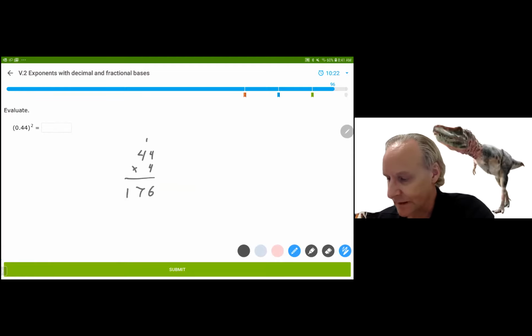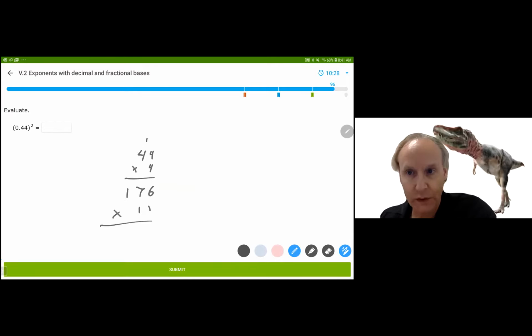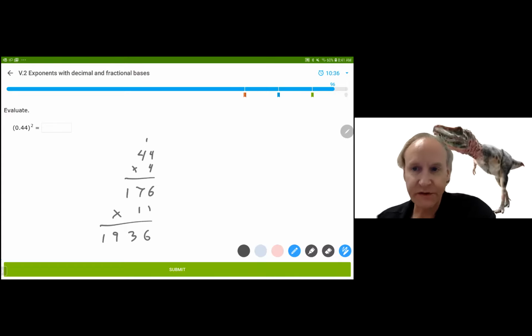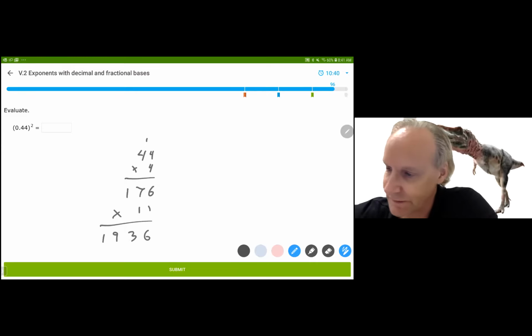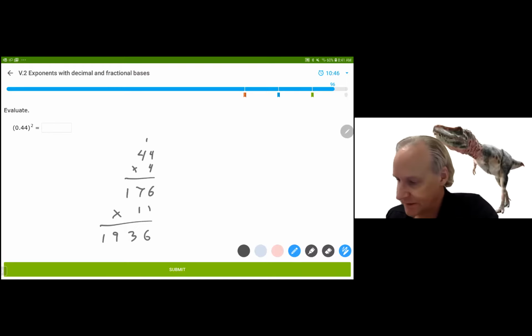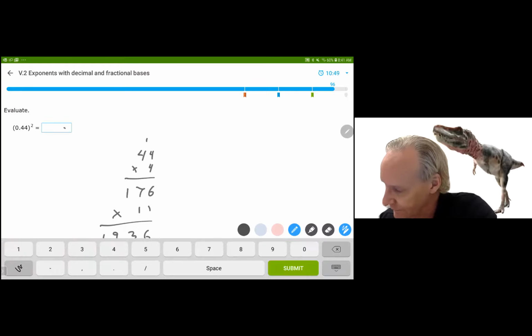Now that is getting multiplied by 11 because 11 times 4 is 44, and 11 gives me 1936. I'm using a special multiplication of 11, so I'm just going to double check it. 1936 looks like that's it. Yep, 1936. So 0.1936.